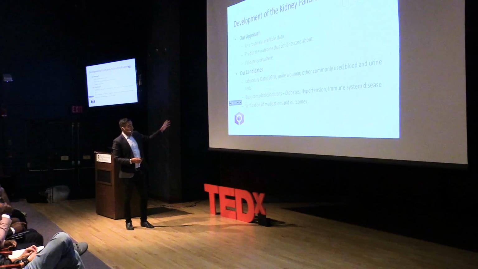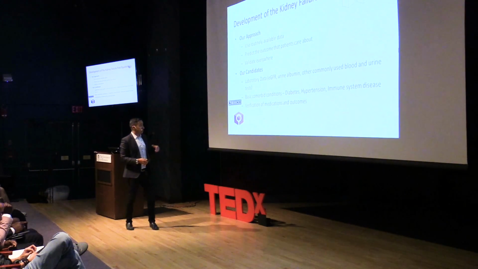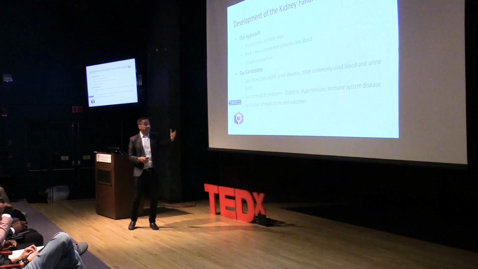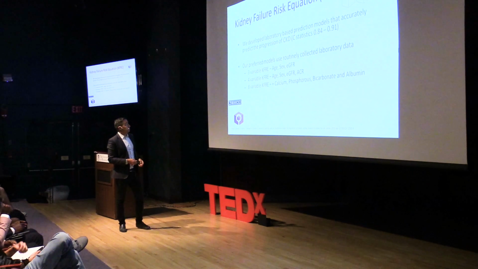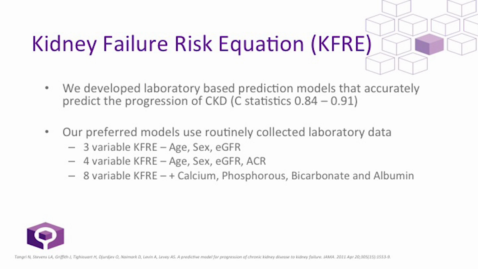And so we looked at these candidates, we looked at simple blood and urine tests, we looked at simple diseases like diabetes and hypertension, and we verified medications and outcomes using our administrative data links. What we found was we developed 3 models, a 3-variable model, a 4-variable model, and an 8-variable model, which are called the kidney failure risk equations, which you saw in that video.